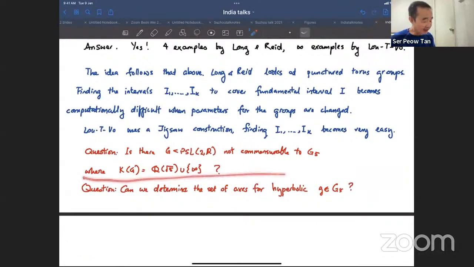Another question I quite like is this question over here. For example, can you determine the set of axes for the hyperbolic elements of G5?